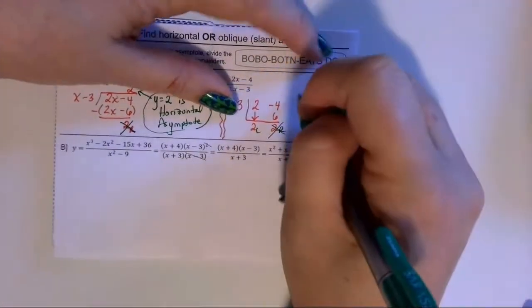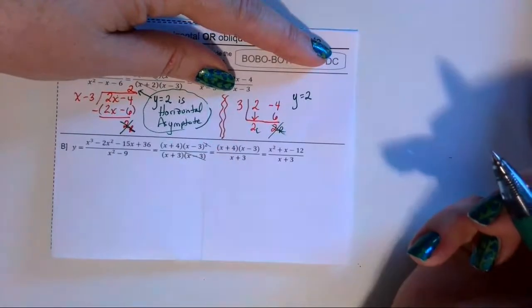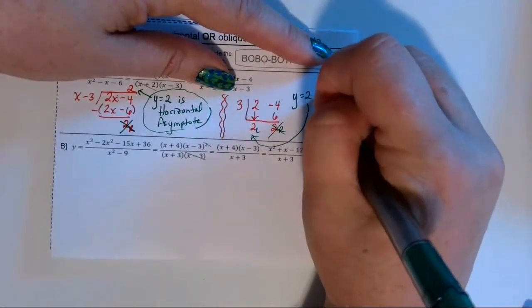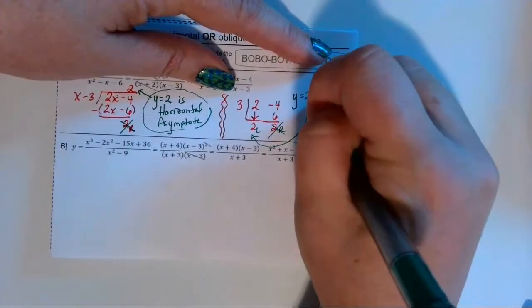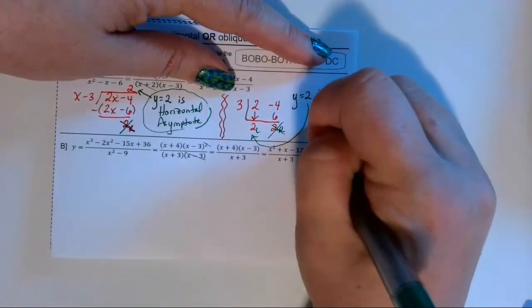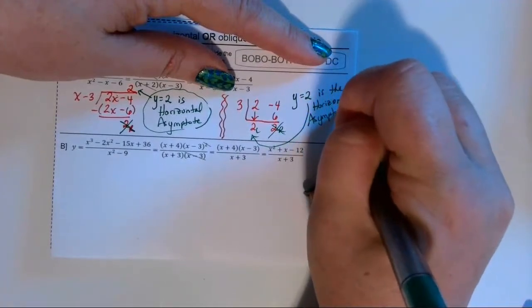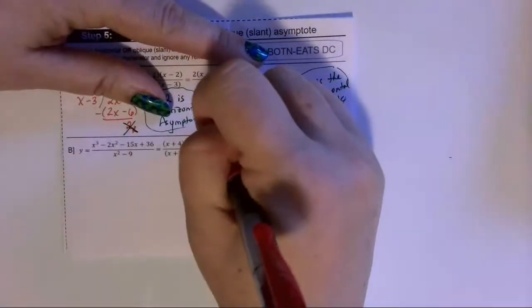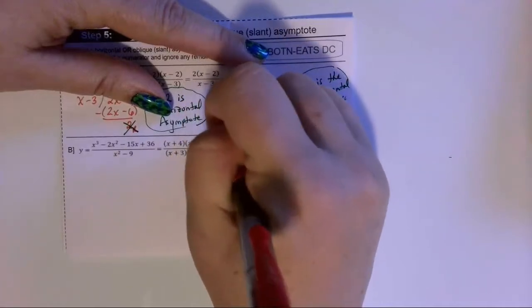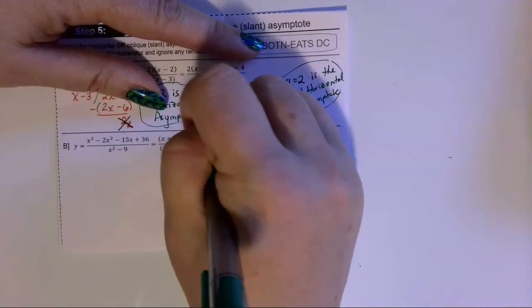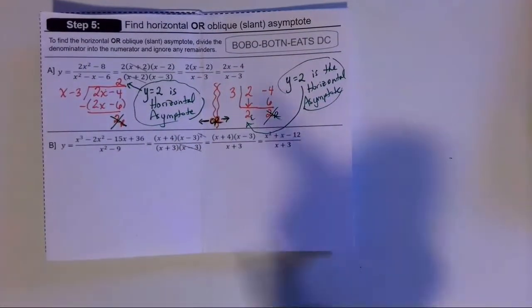And so my constant, y equals 2, right? That would be my horizontal asymptote. Okay, so either way, it's either this or the one beside it. So you don't do both synthetic and long division, just one or the other.